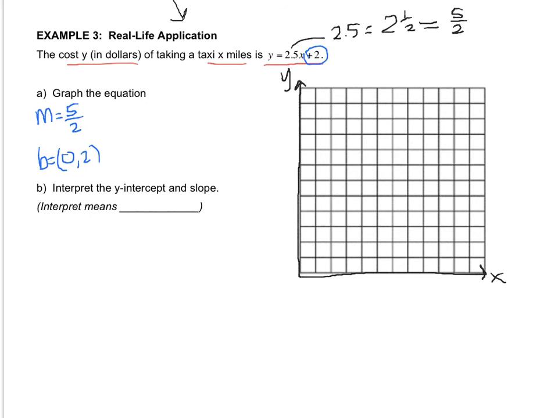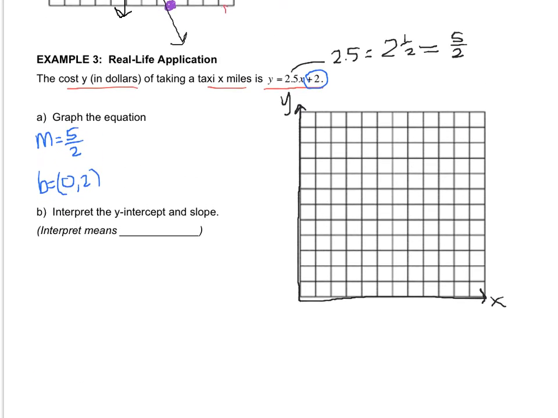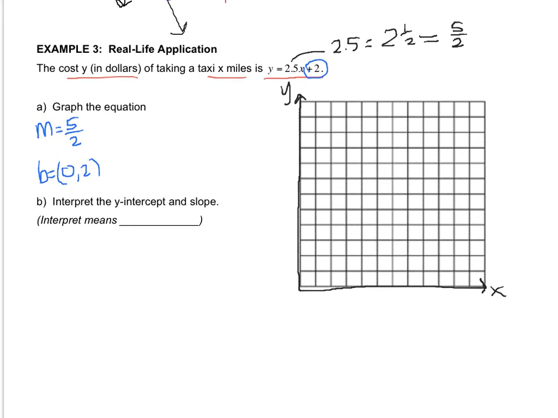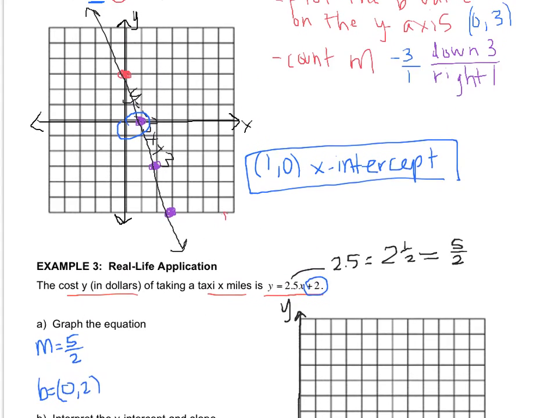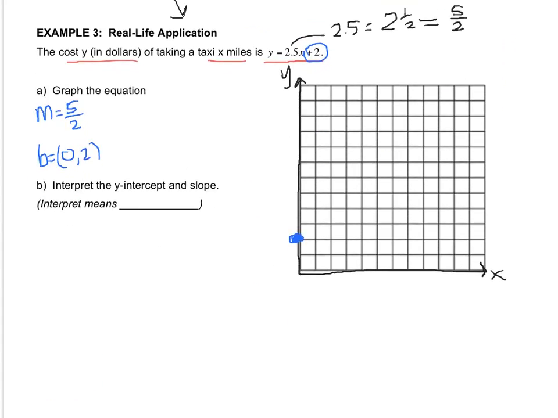First thing I do, if you look at the steps up here, is plot the b value. So first thing I'll do is plot the point 0, 2, and that's right here. The next thing you want to do, again, if you follow the steps up here, is to count the m. And so the slope is 5 over 2. Just as a refresher, that means to go up 5 and right 2.